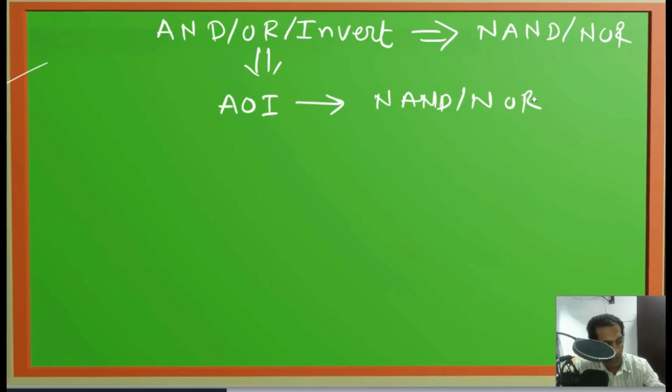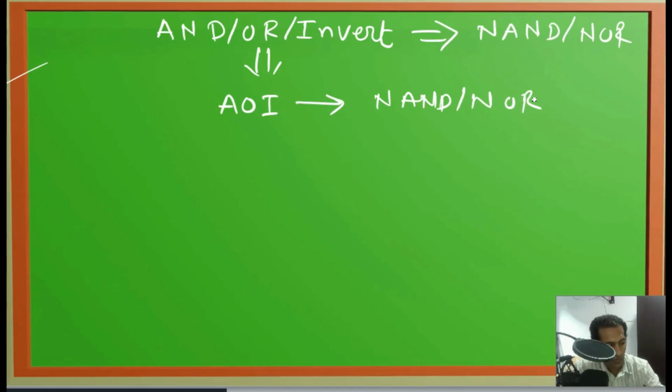The hybrid form is a combination of both SOP and POS. Sometimes the circuit has to be implemented using AND, OR gates only as AND-OR logic, or using AND, OR, NOT logic. So it is called AOI logic.